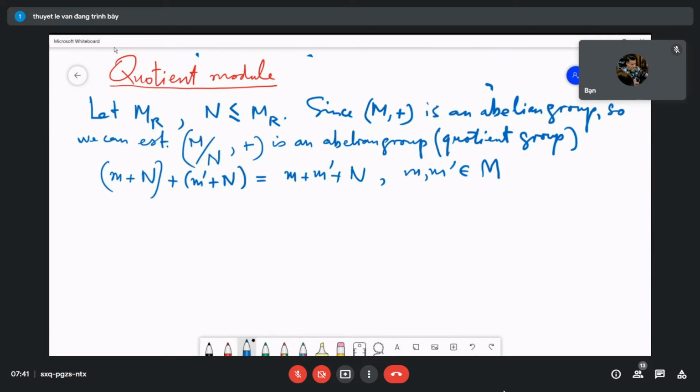So now if you want to have the quotient module here, you will need another operation, the module multiplication.